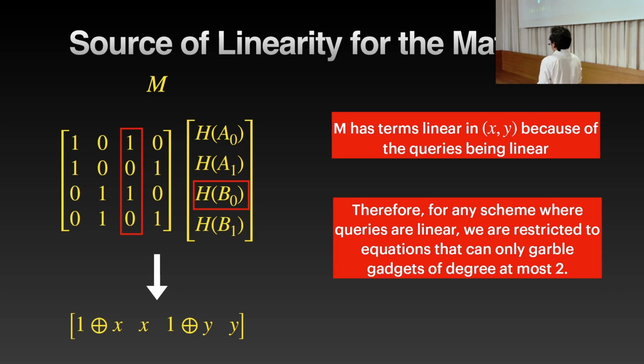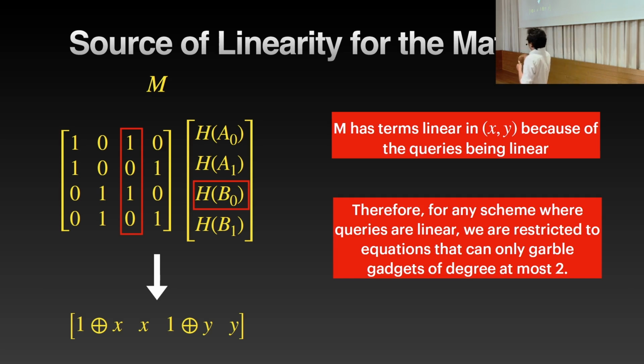So we queried h of B0. You cannot use h of B0 if the evaluator has h of B1 in a particular row. Similarly, if you have any linear combination of A0 and B0 that you're querying to the hash, you can only use it at a place where it can be queried by the evaluator also.